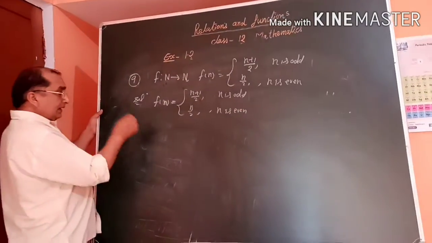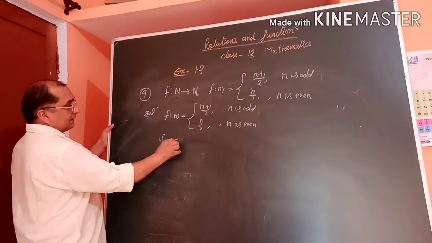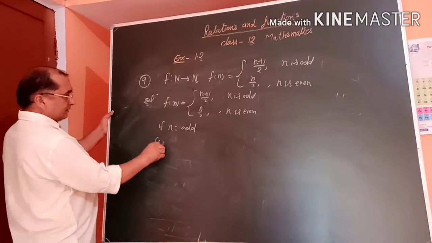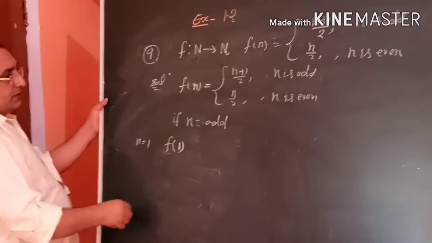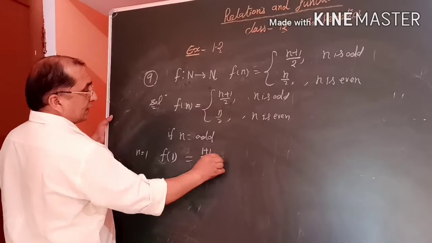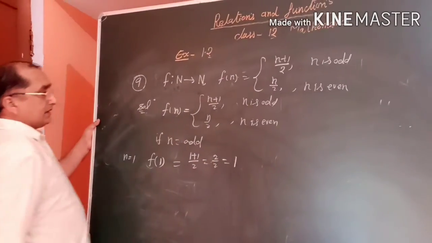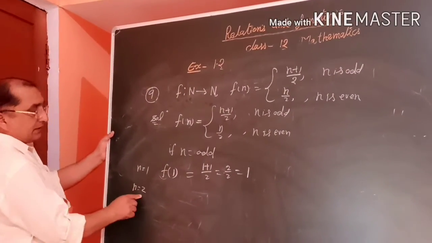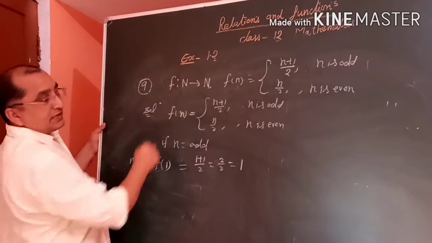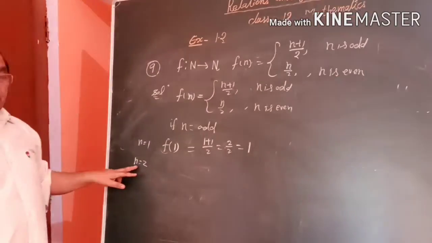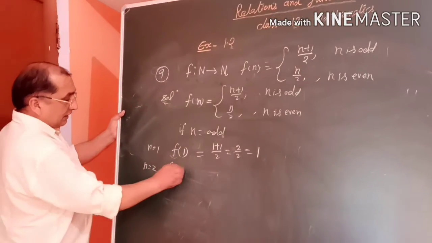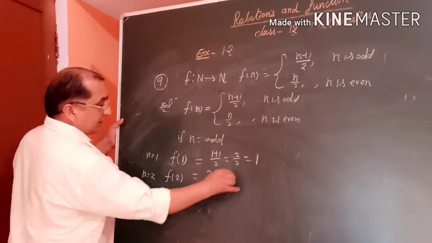Now first, if n equals an odd number. Suppose the odd number is n equal to 1. So 1 plus 1 upon 2, that is 2 upon 2, equals 1. And if I take n equal to 2, because this is a natural number and the function is defined from natural numbers to natural numbers, then 2 upon 2 comes to 1 again.